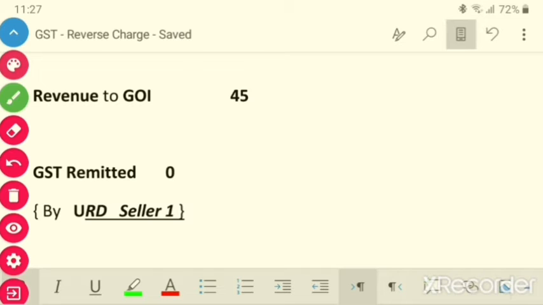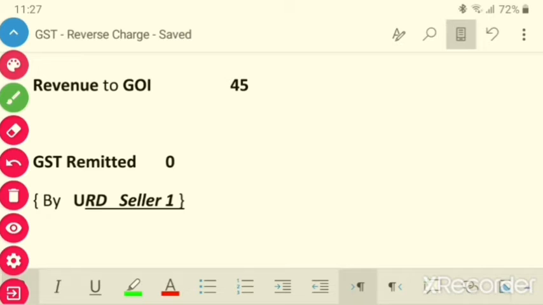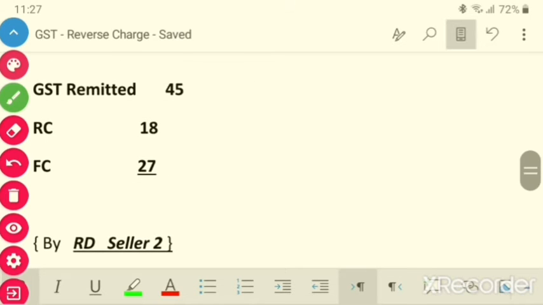Whereas in case 2, government has collected the same amount, 45. But the difference is from unregistered dealer, that is stage 1 seller, amount collected is 0. From registered dealer, stage 2 seller, amount collected is 45. It is collected from only one party in this example.